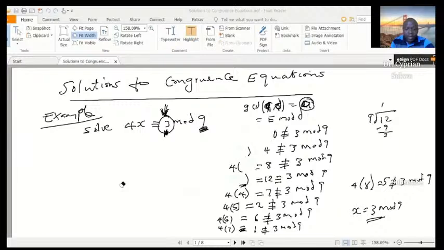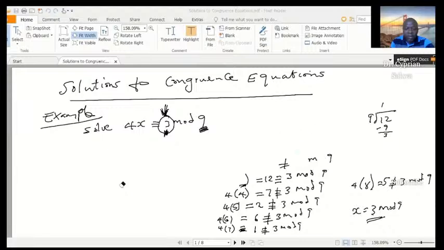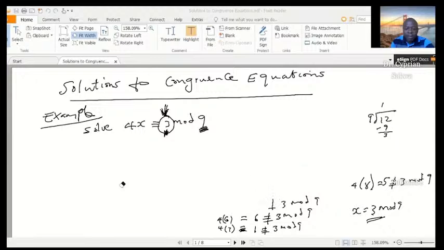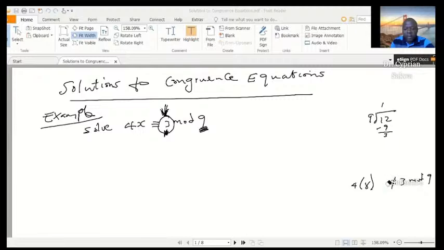If I was to do it now using the other method, I would use the extended Euclid's algorithm, or I can also use Fermat's little theorem to find the inverse of the number here, or the Euler theorem to find the inverse of this.